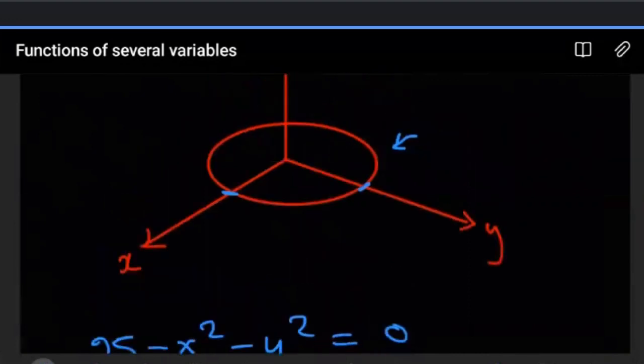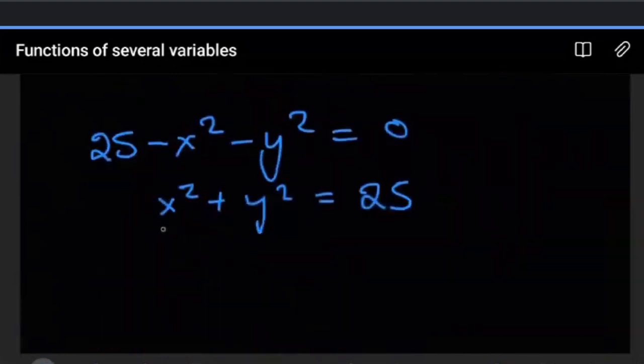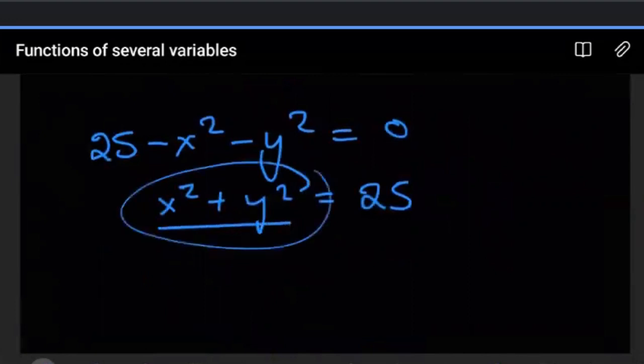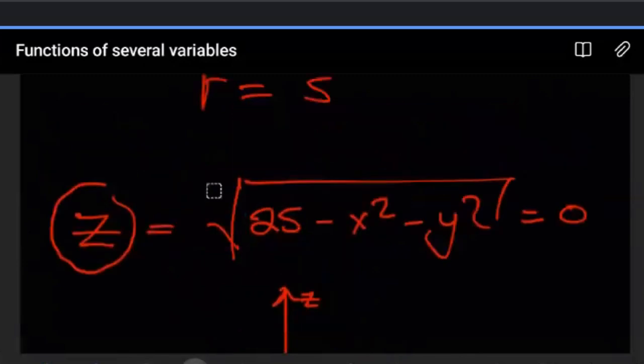Now, what happens? You see, when you reduce the values of x and y in this sum here, why am I saying reduce it? Well, you can't increase it, because if you were to increase this sum, it would imply that the argument of the square root would end up being negative.